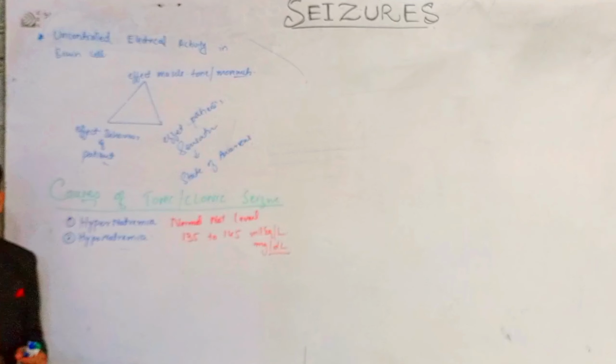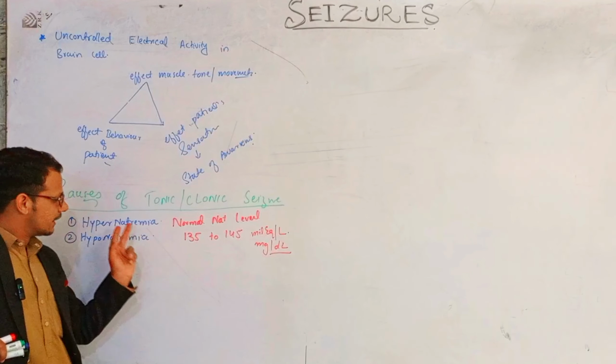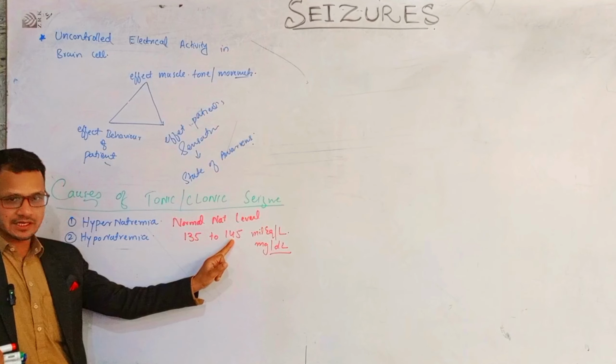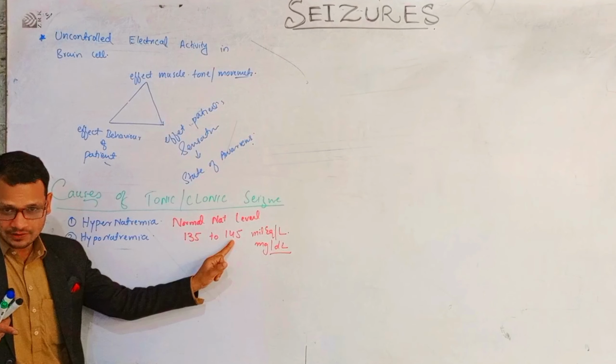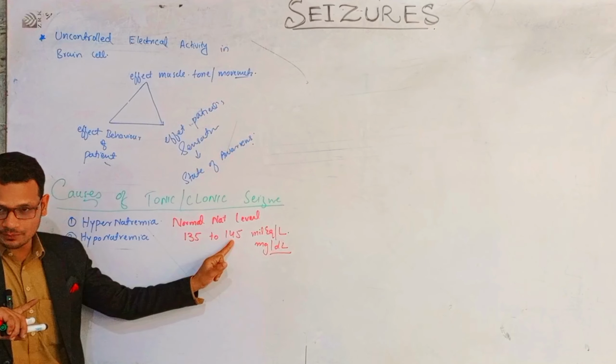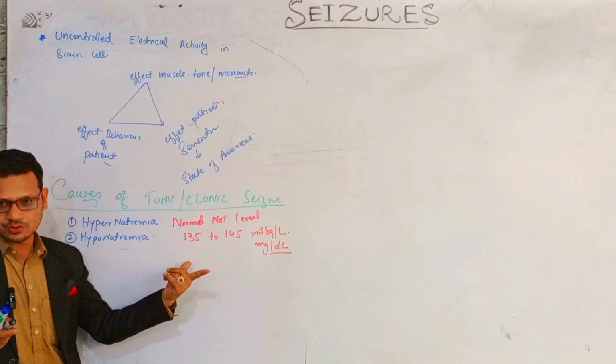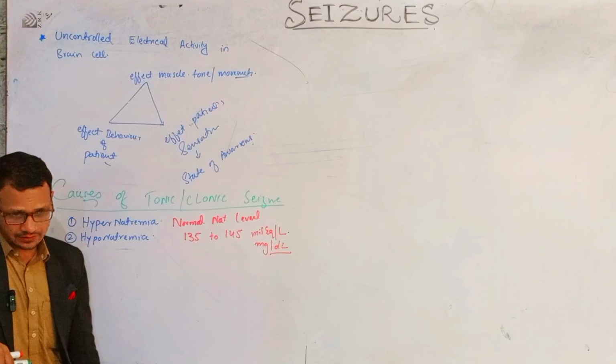This is the normal value of sodium in the body. So if this sodium level in the body increases or exceeds 145, it will affect the normal activity of the brain, or when it decreases below 135, it will also affect the brain activity, right?